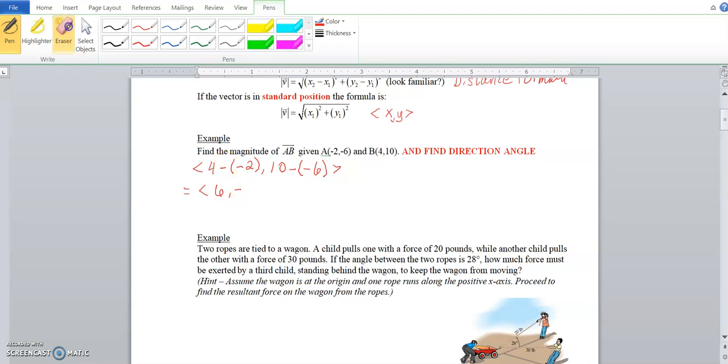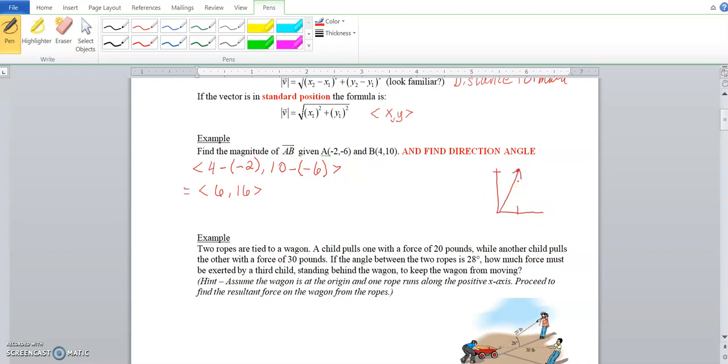Sorry, there's no negative there. So if we look at this resulting vector, we go over 6 and up 16.